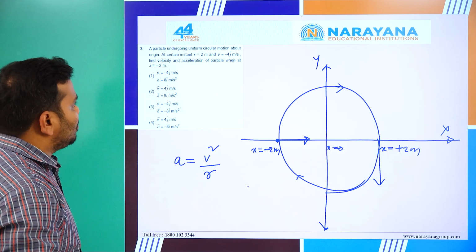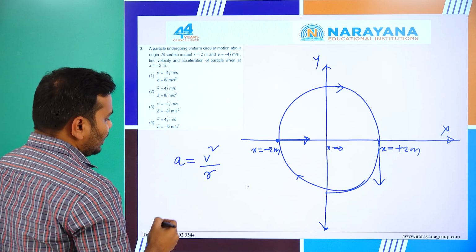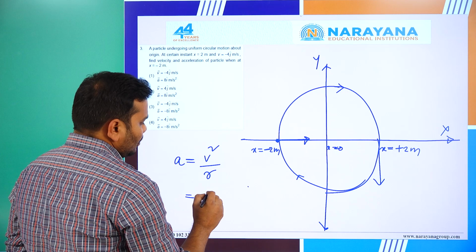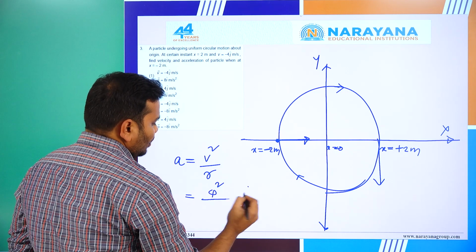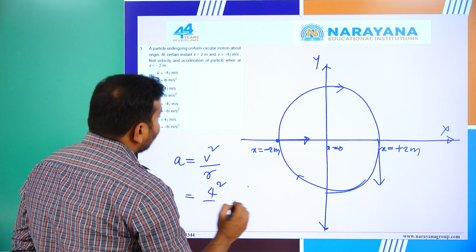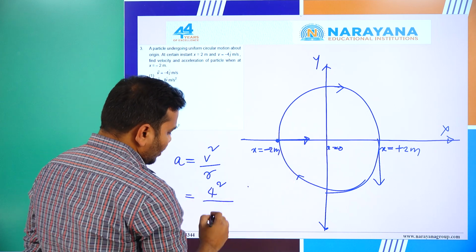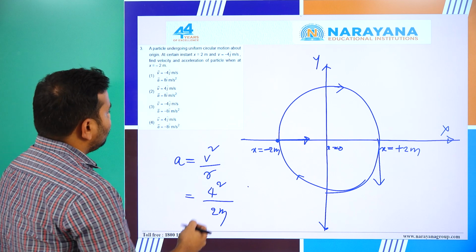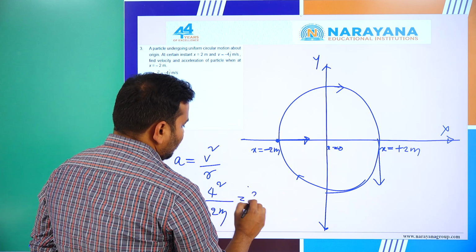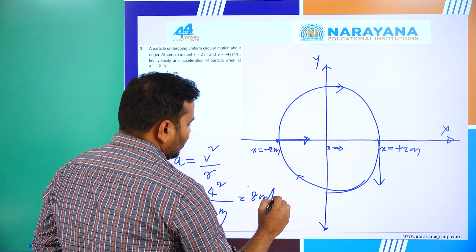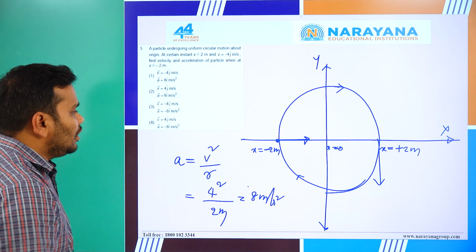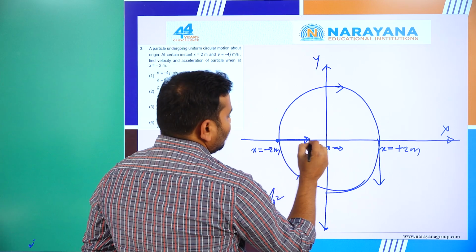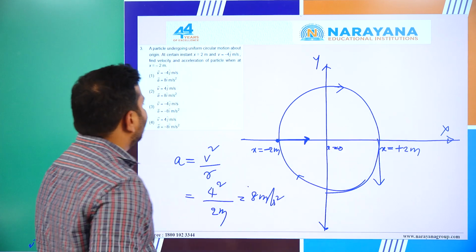The v value as per the question is 4, so the magnitude of acceleration is 4 square divided by the radius of the circular path, which is obviously 2 meters. From this you get the acceleration as 8 meter per second square, and at this location it is along the positive x axis.